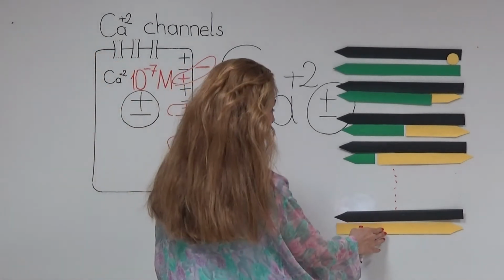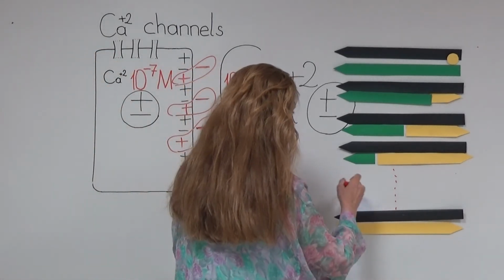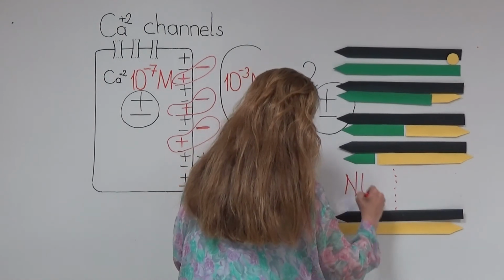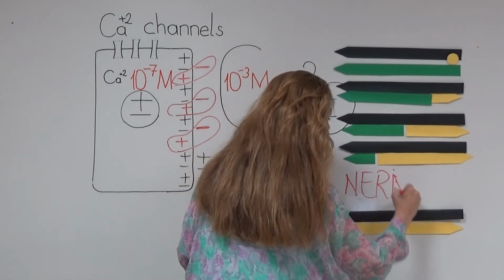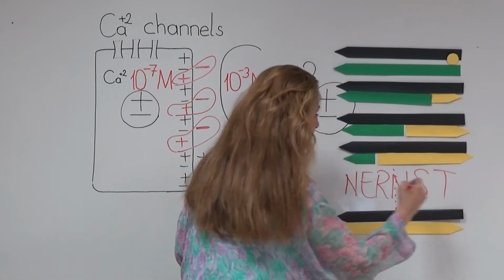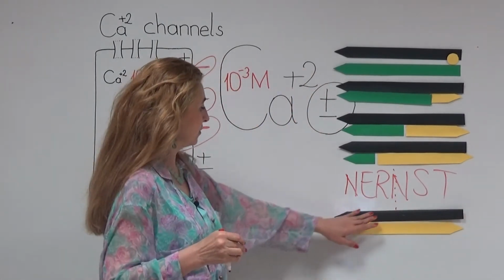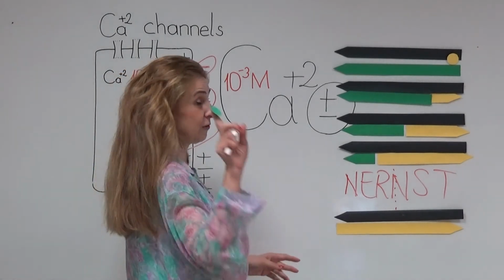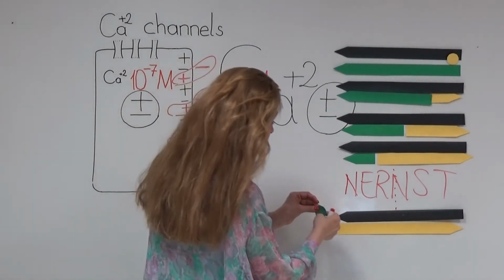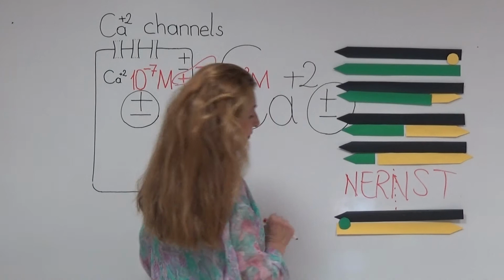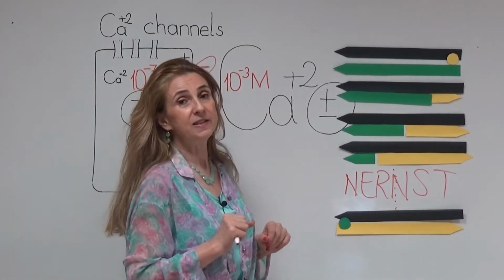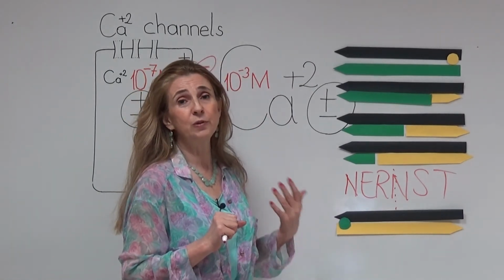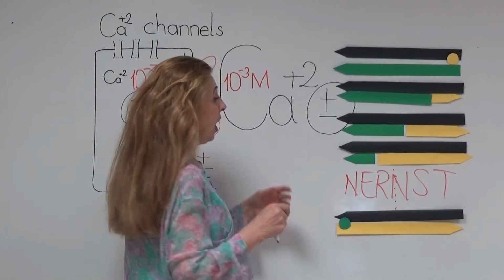This electrical force produced here is called a Nernst potential or equilibrium potential. There is equilibrium because these two forces are equal and in opposite directions, and there is no net electrochemical force. This means there is no net calcium movement or calcium current.